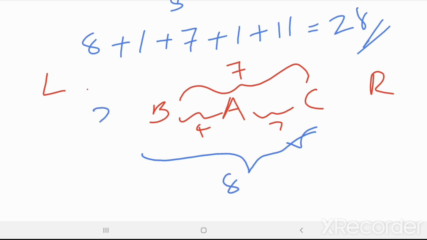Then 3 more persons. Then 8 plus 3, there are 11 persons ahead of C.